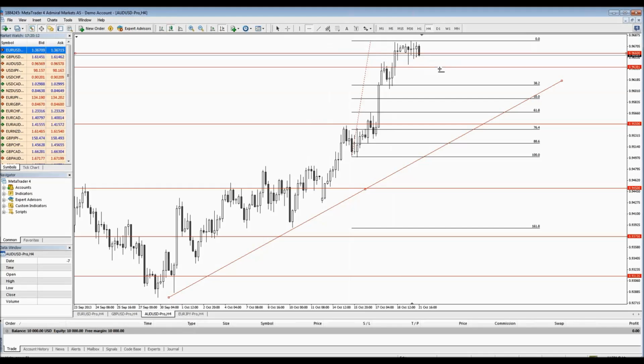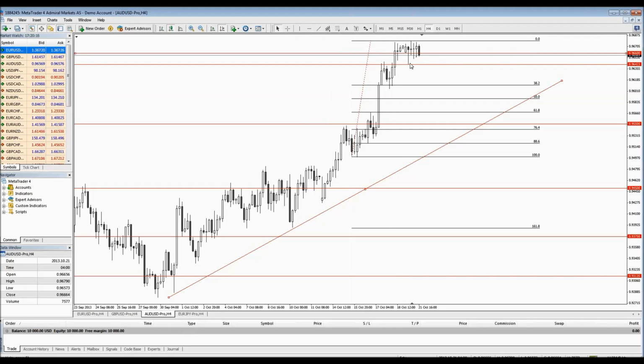This is also now an important level. 96.40, sorry. So this is pullback. We can try to exploit some scalp trades around this level. If it comes there, we can exploit scalp trades, okay?